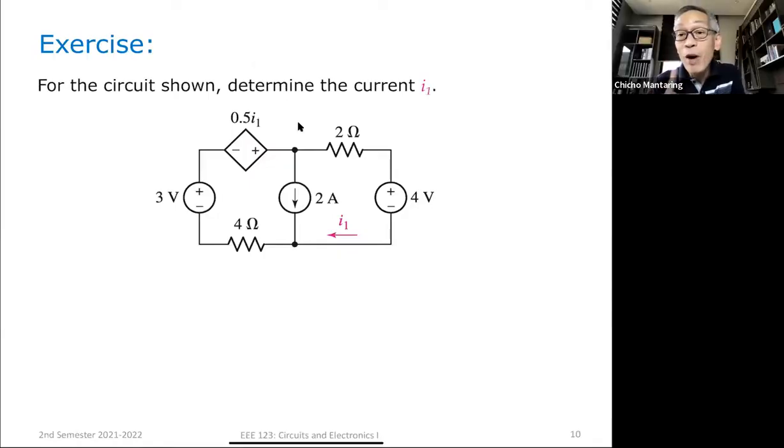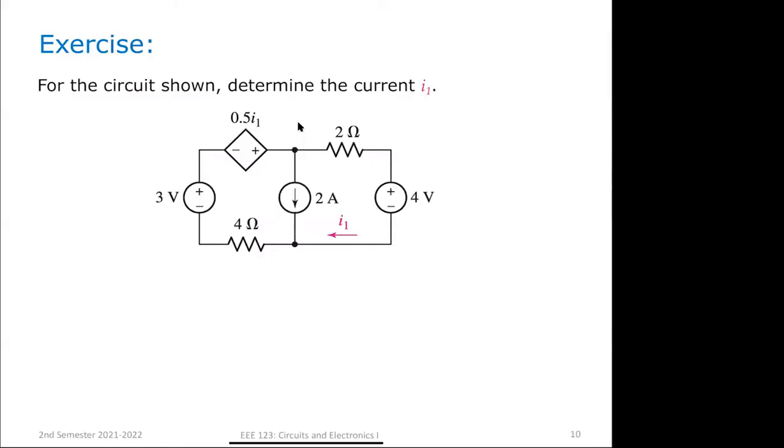Because you can only form one KCL equation, di ba? Kasi dalawa lang yung essential nodes mo rito eh. So you can only form one KCL equation. Yes po, sir. Nag-form po ako ng KCL dun po sa upper node.